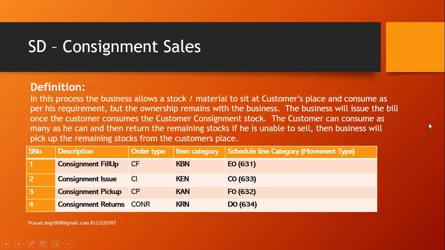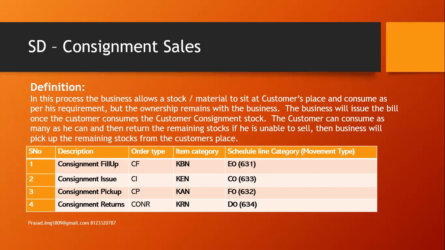So what is meant by consignment sales? In this process, the business or the client, the organization, will keep the stock at the customer's place, and then as and when the customer consumes that product, he will do the billing. And whatever stocks he does not want to sell, or remaining stocks which he wants to return, he can return them back.